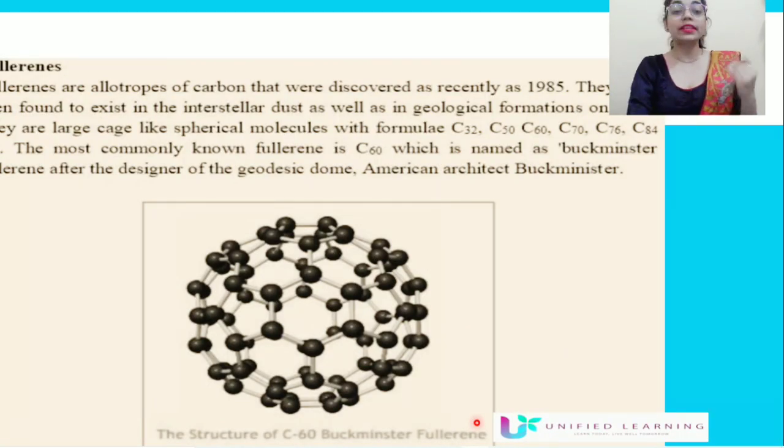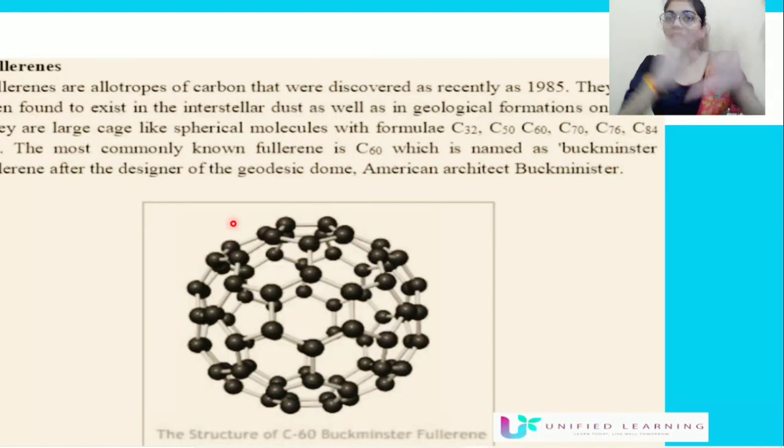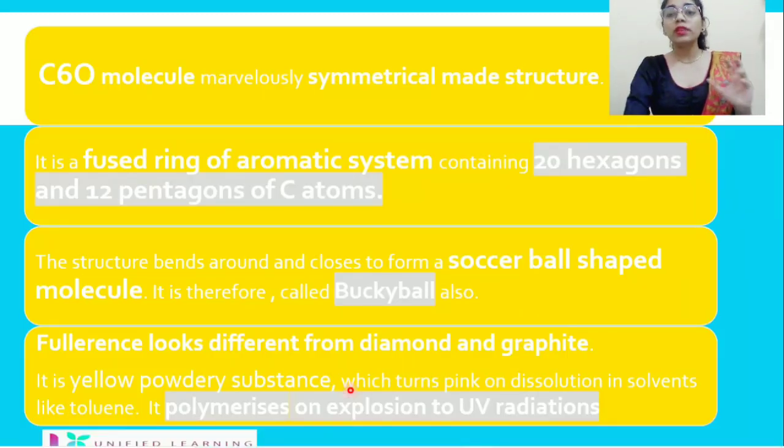Fullerenes. This is the structure of Buckminsterfullerene C60. It looks like a cage-like structure, a spherical molecule. Moving further, the C60 molecule is a symmetrical structure. Please see the structure carefully. You can see that this is very symmetrical, a very different structure from the other two we have talked about, diamond and graphite.